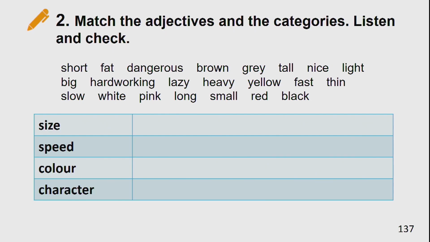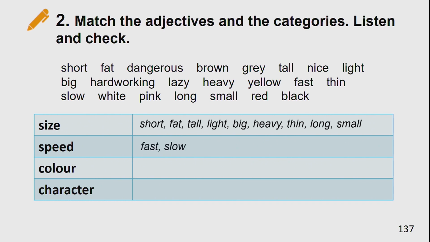Done, guys. Work with your partners now. Name a category and read your words. Okay, let's have a look at your answers. Size. Short, fat, tall, light, big, heavy, thin, long, small.